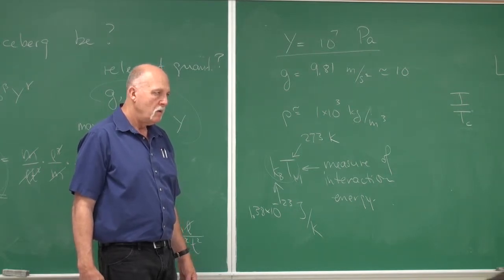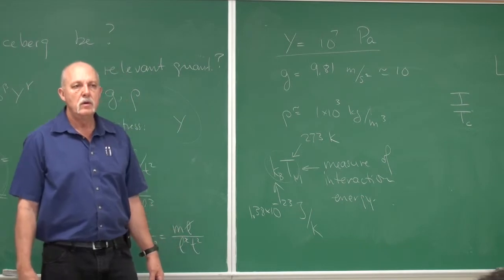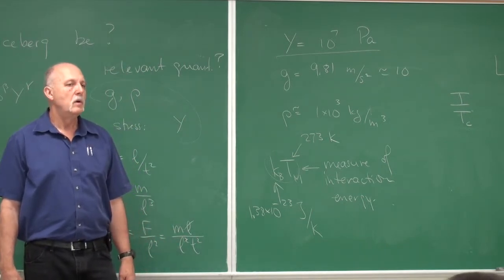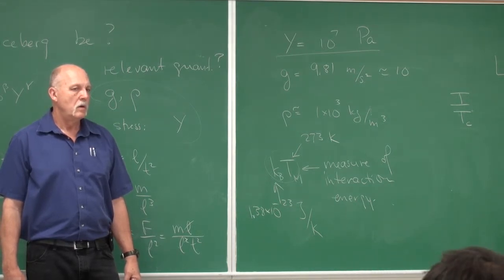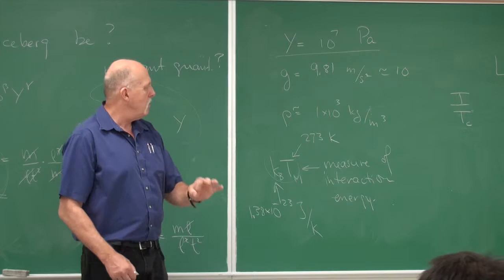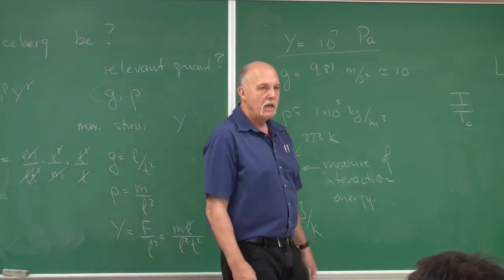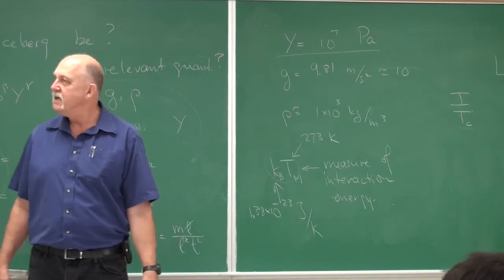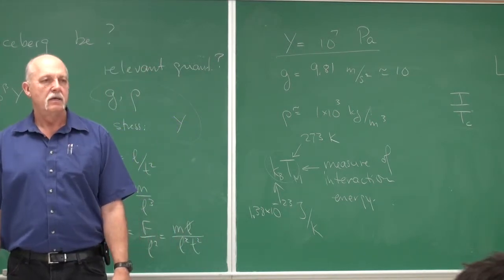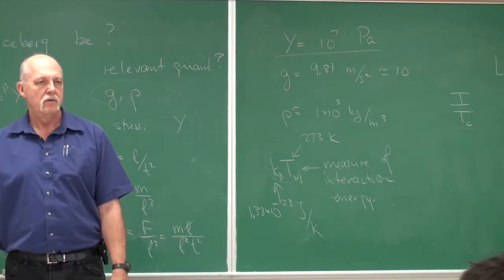In the ice, if the molecules are situated like this, we need to divide not by this molecule volume, but by this one. So we can take the whole volume of the piece of ice and divide it by the number of molecules in this, let's say, cube.